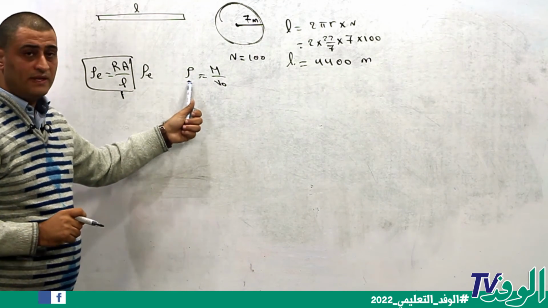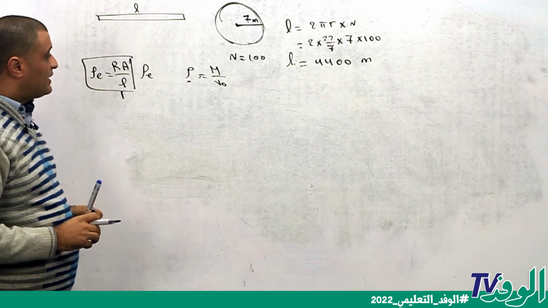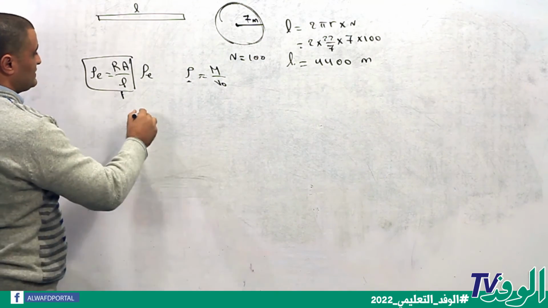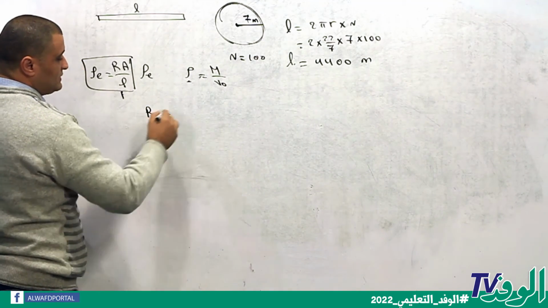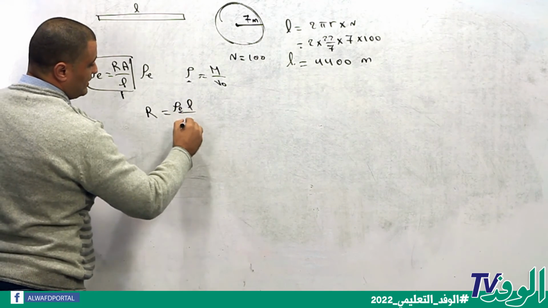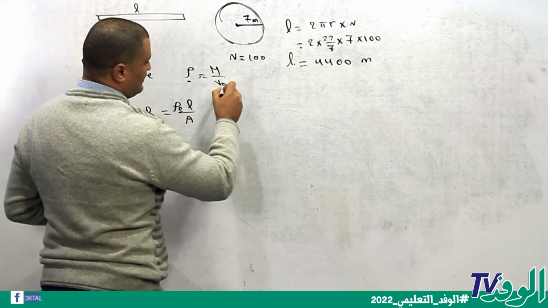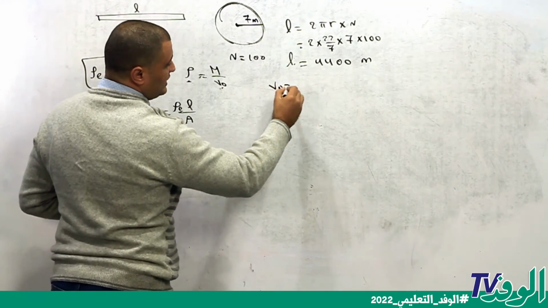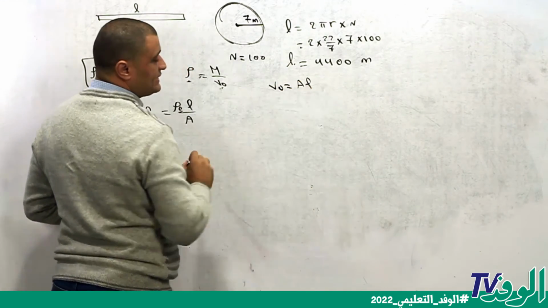This is the density of material. We can find the relation between them as R equals rho e L divided by A. Here volume equals area multiply length.